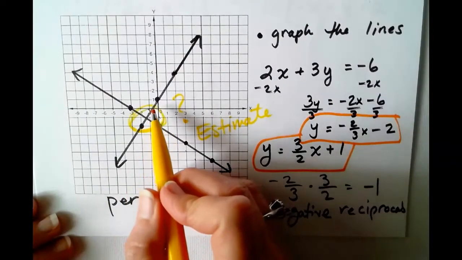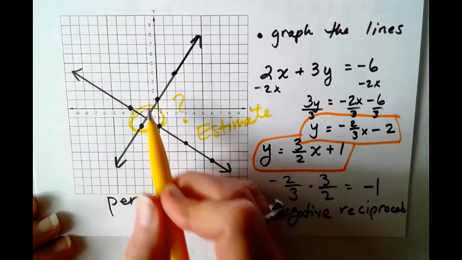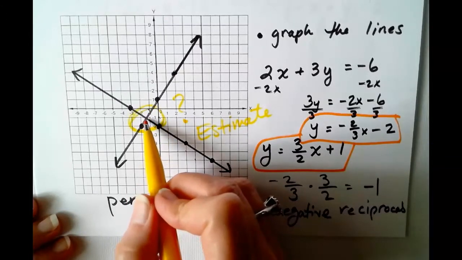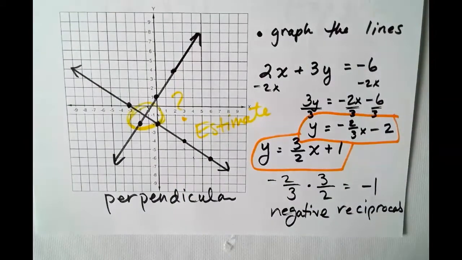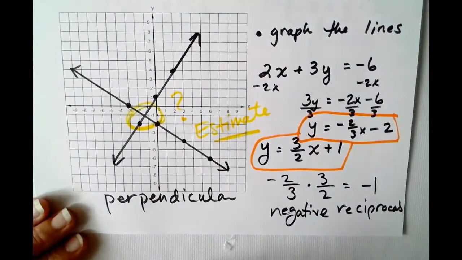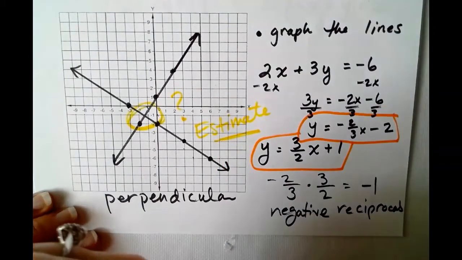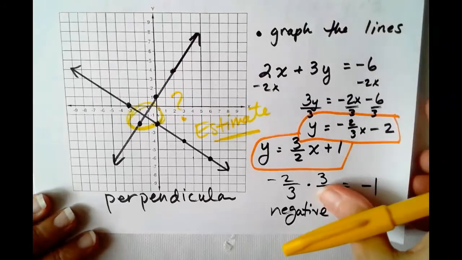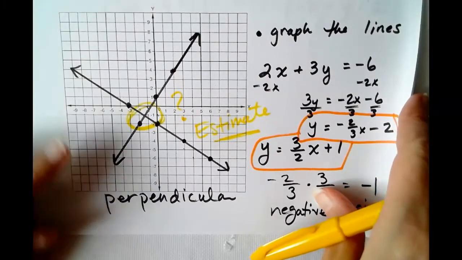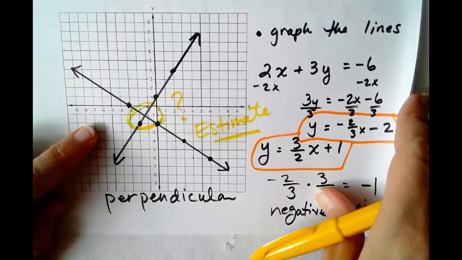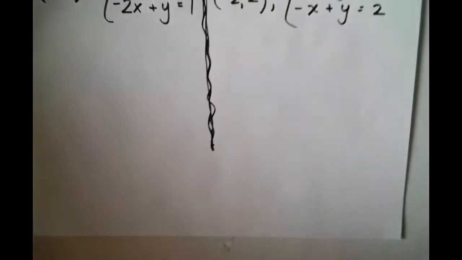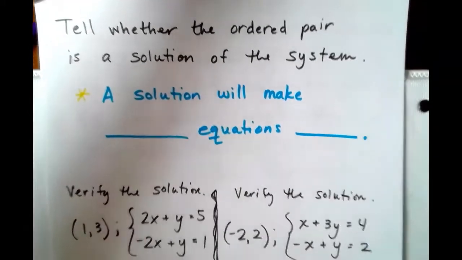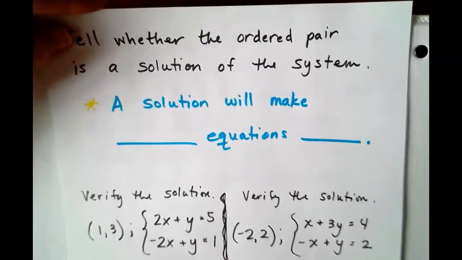It maybe looks like -1 1/3, -1.2, something like that. We're only able to estimate sometimes when we graph. So what we're going to see is another way to solve a system in the next section that will help us overcome this hurdle.